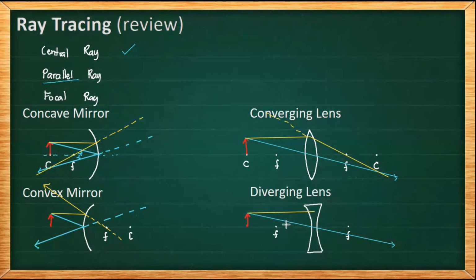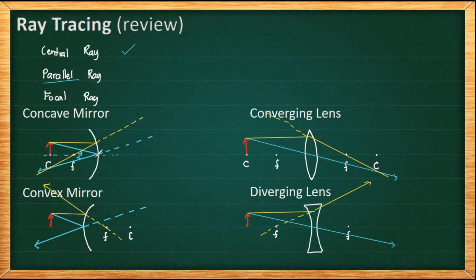For the diverging lens, it will not pass through the focal point on the other side, but it's as if it came from the focal point on the left here, because the light will be diverged. So this would seem to come from this direction.